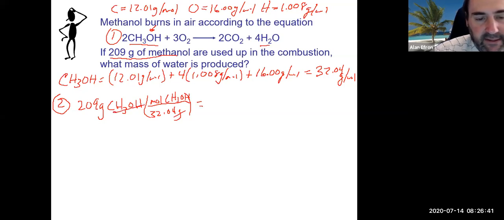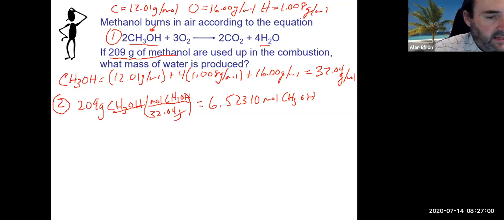And if you got an answer at this point, and you don't necessarily have to, but if you did, looks like you got something like 6.52310 moles of CH3OH. Any questions on that so far?